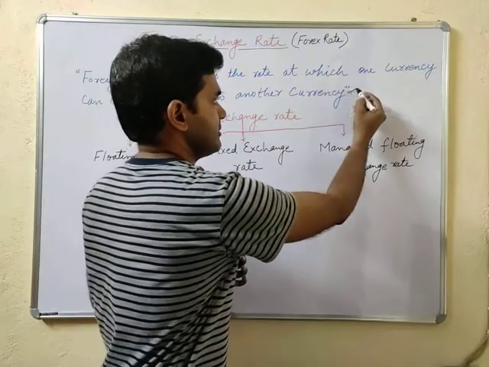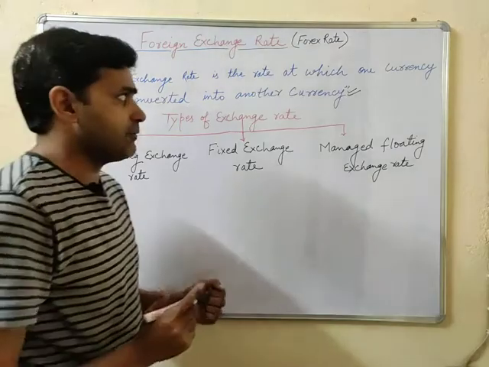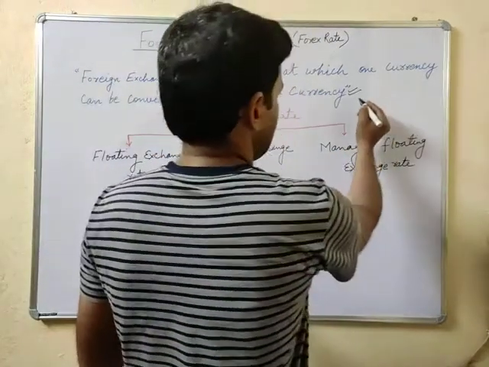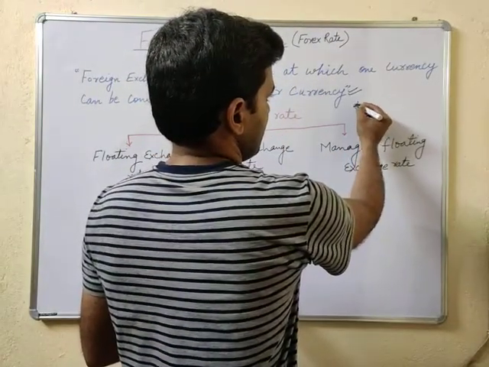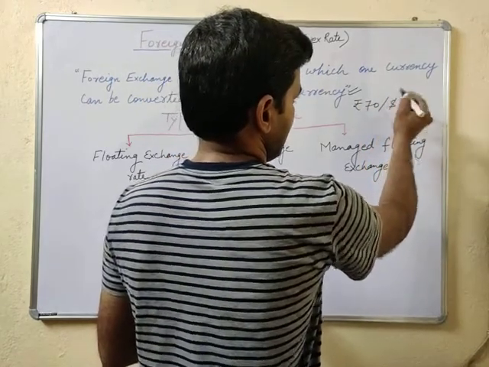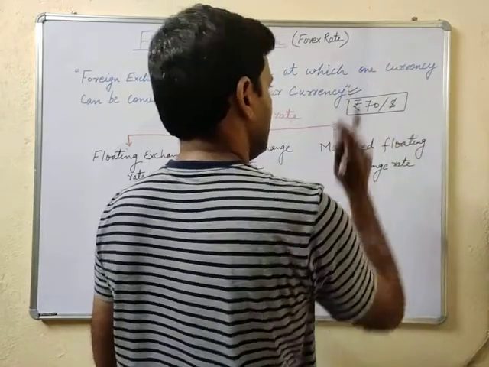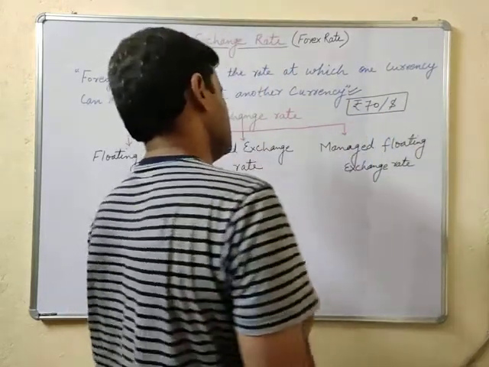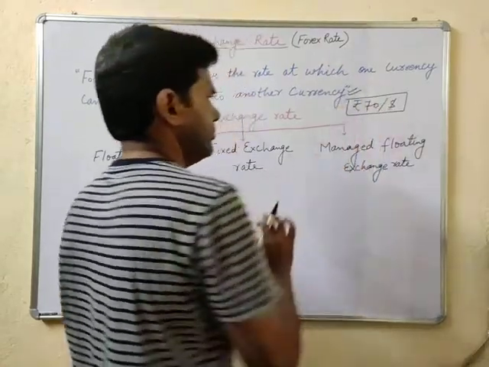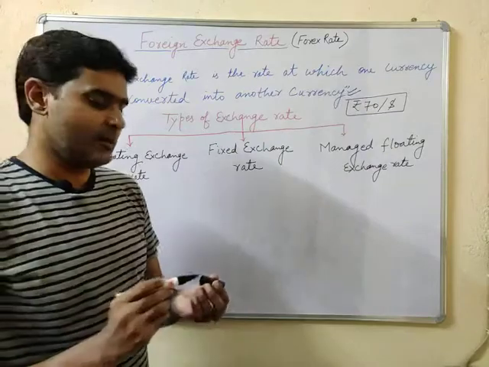This is the definition of foreign exchange rate. Say for example, if we exchange rupees 70 for $1, we may say that the exchange rate of dollar is equal to rupees 70. So we may write like this.